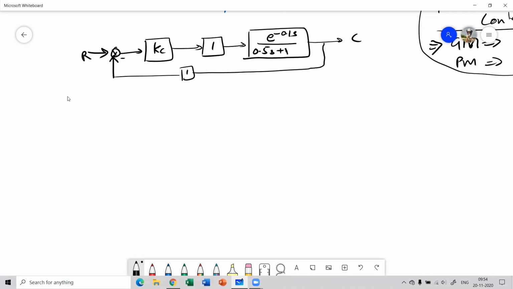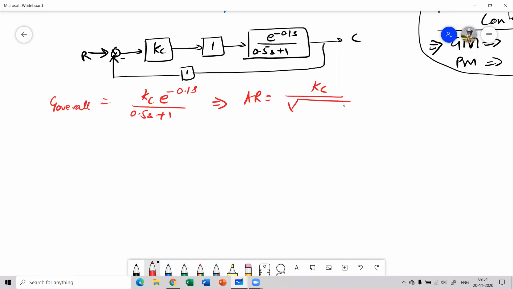That's the R. Now for this particular system, we already know its overall transfer function, which was Kc e to the power minus 0.1s over 0.5s plus 1. Correspondingly, we determined the amplitude ratio, which was Kc over the square root of (0.5 omega) whole squared plus 1, and its φ was minus 5.79 omega minus tan inverse 0.5 omega.